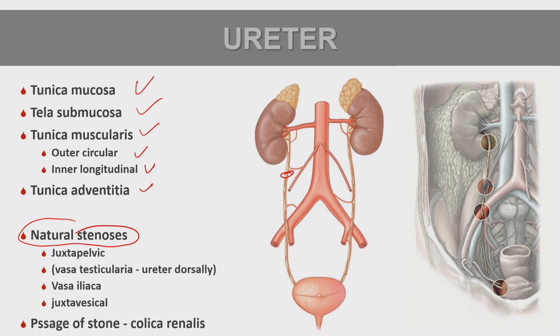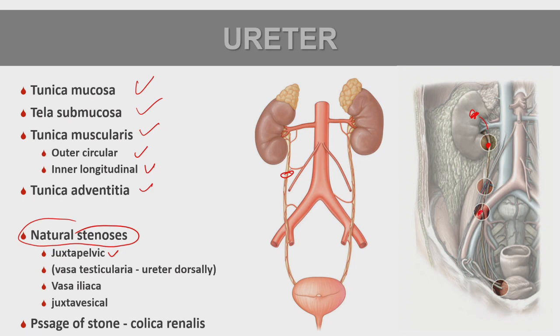The stone is then traveling from the calyces or pelvis, and the first point where it could be retained is the uretero-pelvic interface, which is called the juxtapelvic portion.